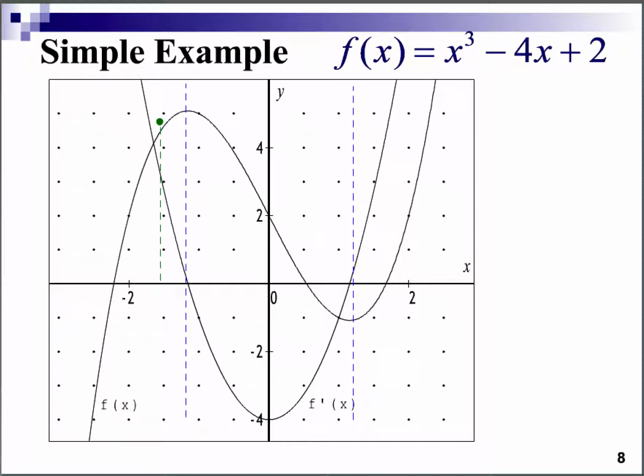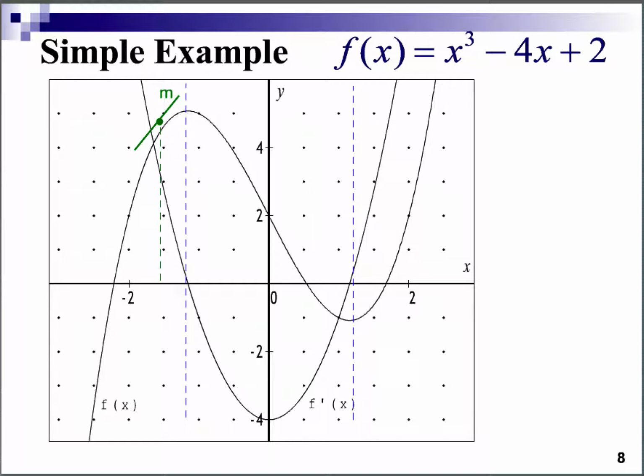Now, because this function at that particular point is increasing, based on the definition we just talked about, we see here that the slope of the tangent line is positive.